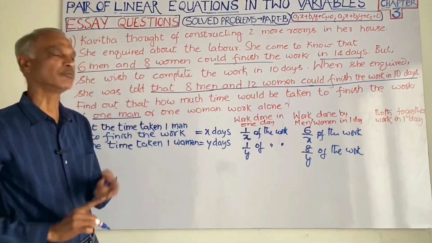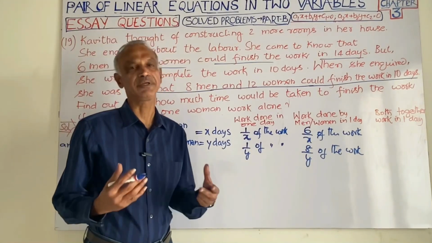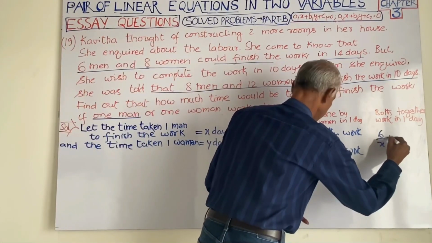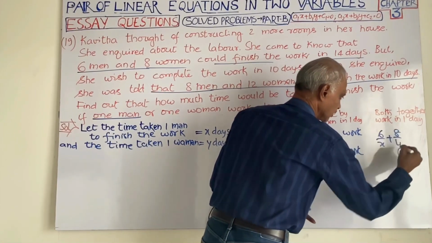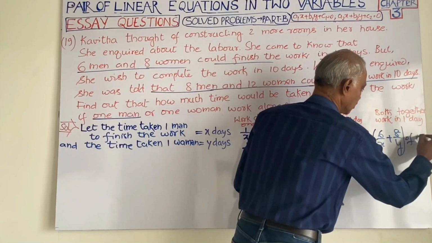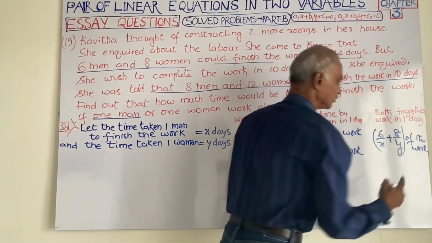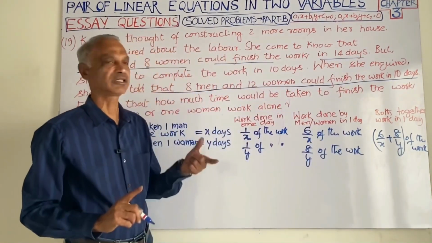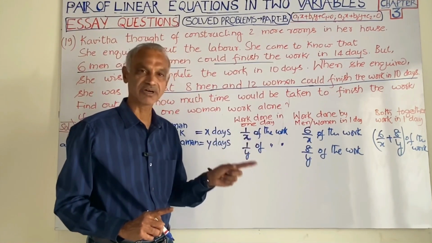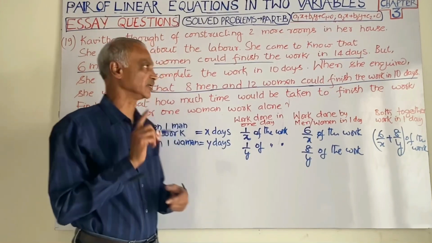Both together, how much work will be done in 1 day? 6 by x plus 8 by y of the work they will do in 1 day.